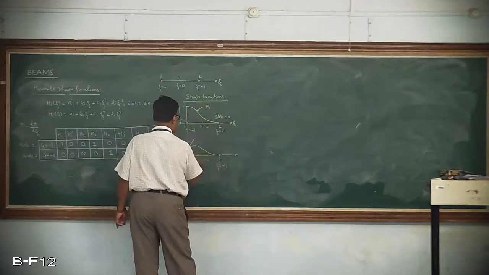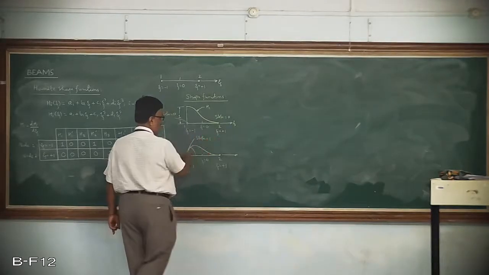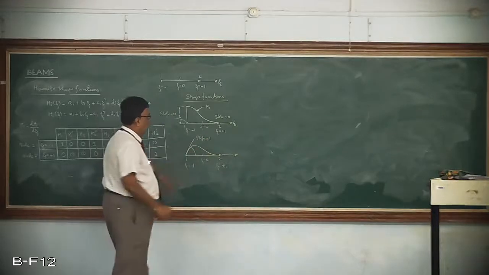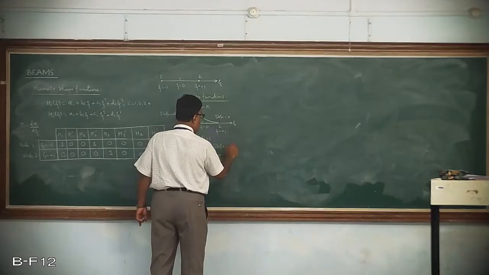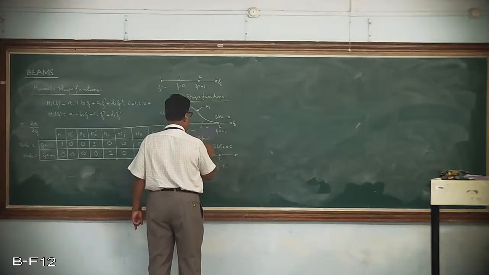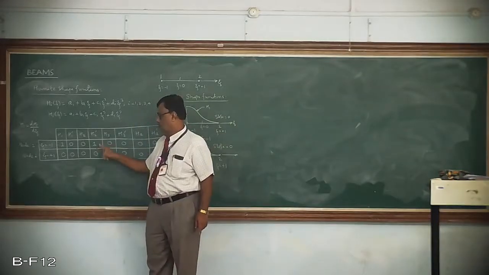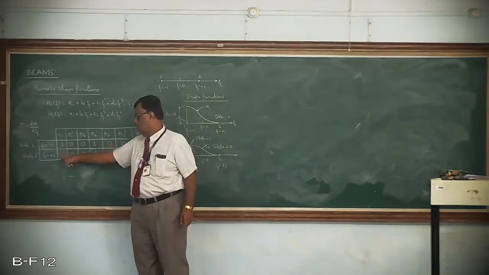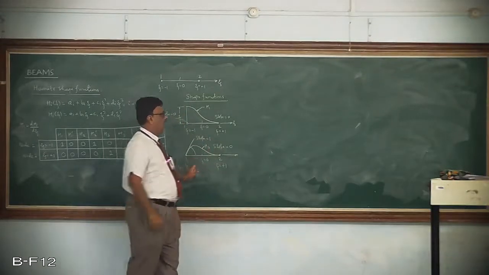If you see here, the slope at node 1 is not 0, it is 1. Whereas at node 2, the slope is 0. That is, H2 dash is 1 at node 1 and it is 0 at node 2. So this variation is very clearly seen on this particular graph.